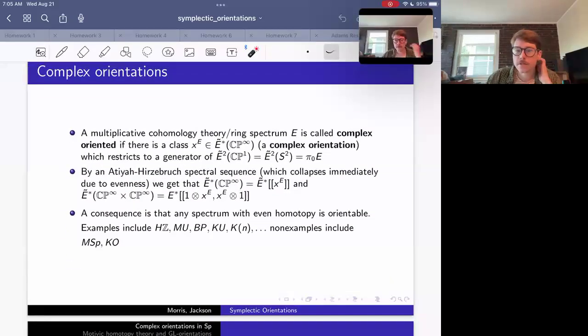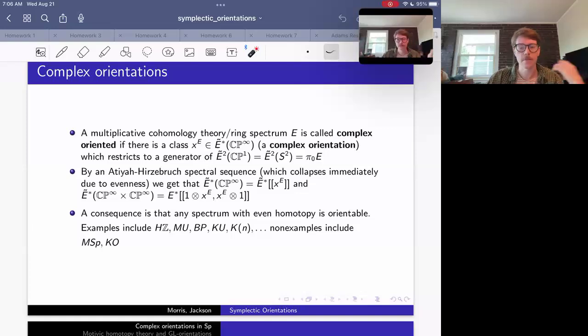And as some examples, there's a lot of spectra that are complex orientable. Some examples of these spectra are HZ, the spectrum that represents ordinary cohomology, MU, which I'll talk about later, which is the complex cobordism spectrum, BP, which is like the pth part of MU, KU, which is complex topological K-theory, and K(n), which is Morava K-theory.